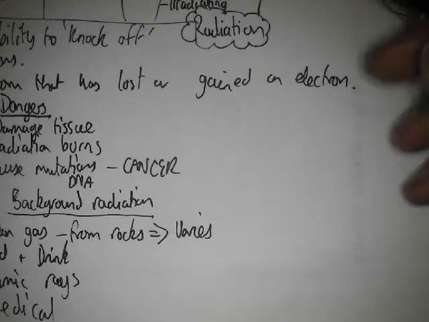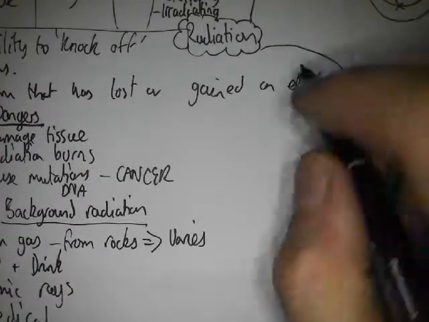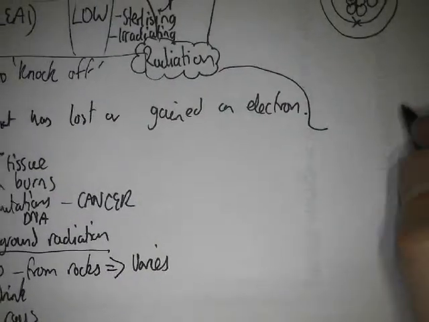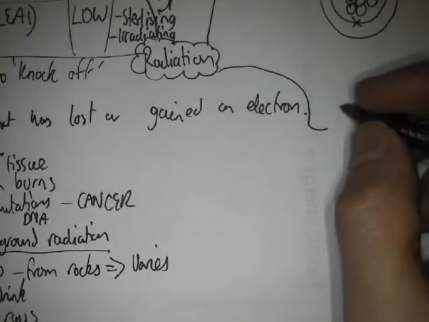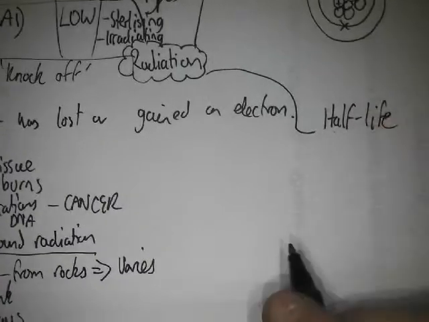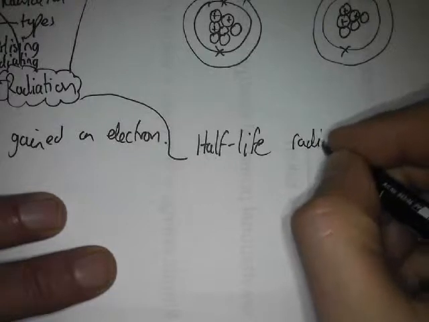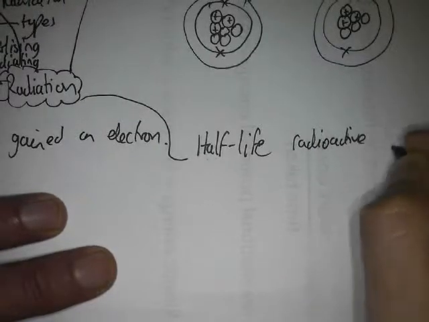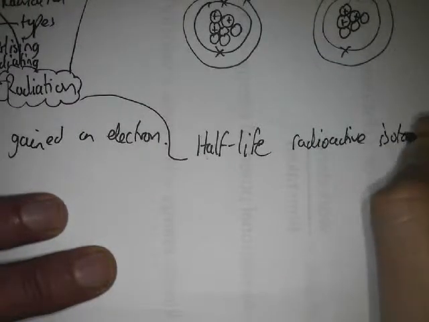The last thing I want to talk about with radiation is half-life. Now, the questions you get with half-life will always be accompanied by a graph. Half-life. So, radioactive isotopes are unstable and decay.